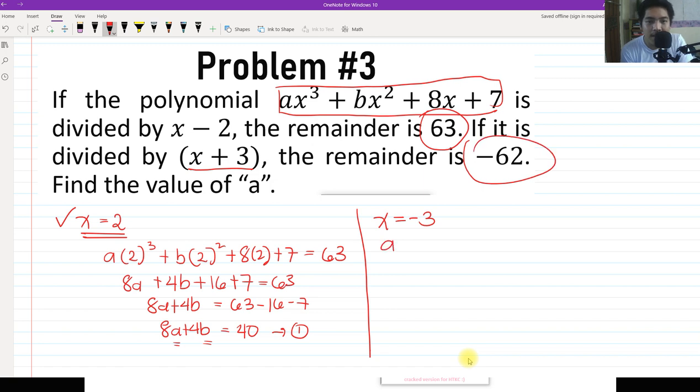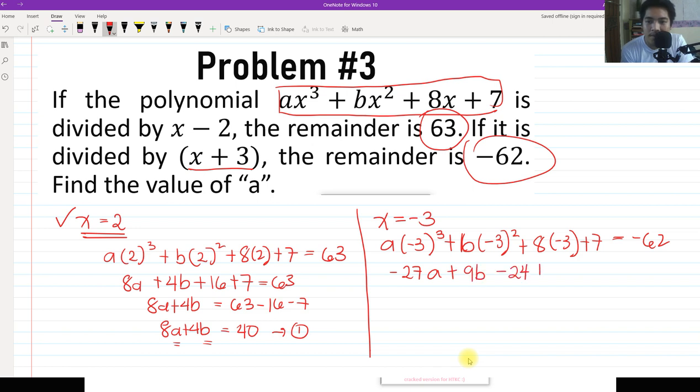So we have a times negative 3 cubed plus b times negative 3 squared plus 8 times negative 3 plus 7, and the remainder should be negative 62. So we have negative 27a plus 9b minus 24 plus 7 equals negative 62.